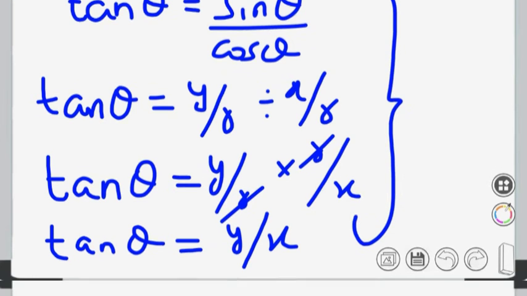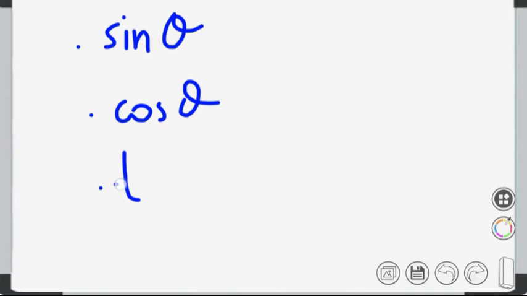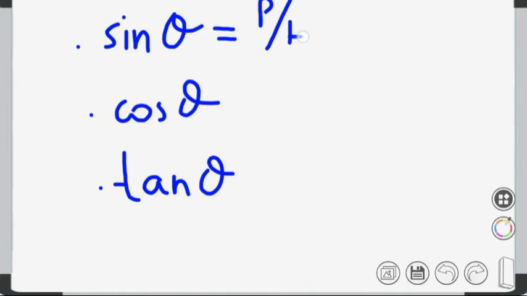So as a preview of my lecture, there are three trigonometric ratios, as I have already discussed with you, which are sine, cos, tangent. So the formula to calculate sine is sine theta is equals to perpendicular over hypotenuse, which can also be written as y over r.